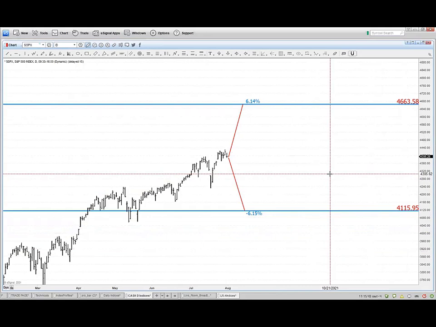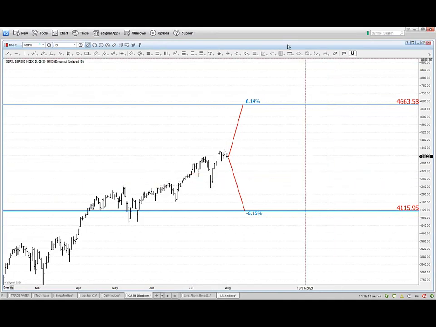And this is just sort of a thought exercise, just for fun, to see what happens. And if and when the Russell trades to its upper extreme or its lower extreme, and it will, it's not if, it's when, we'll go back and revisit this and see how the correlation between the Russell and the SPX turned out.